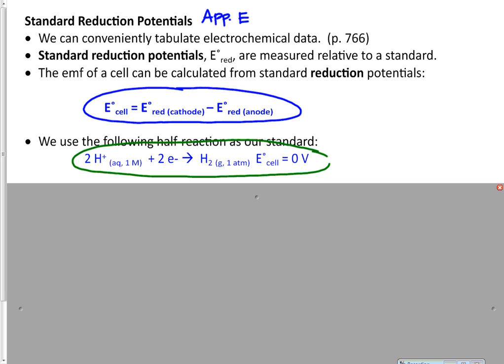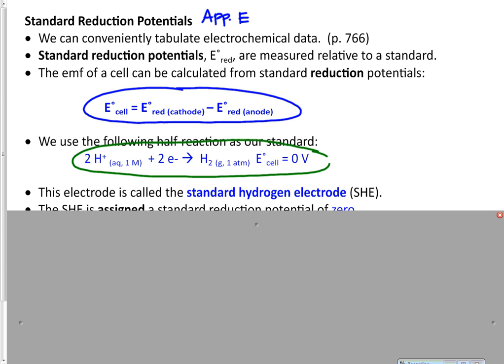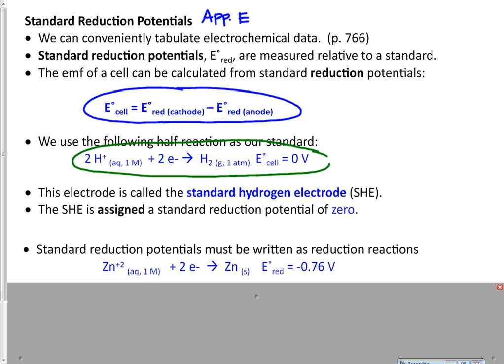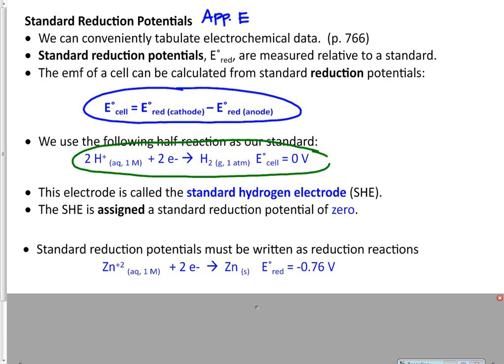This was assigned a value of 0, and everything was measured by comparing that reaction with the hydrogen electrode. We call that the standard hydrogen electrode, or SHE. Everything you see in the table in Appendix E, or at the very least in your chem data booklet, table 14 on page 12.